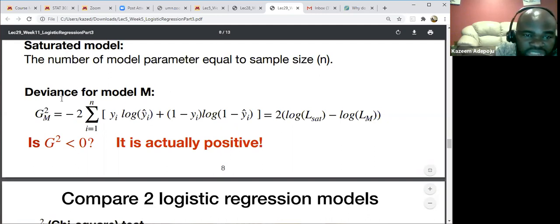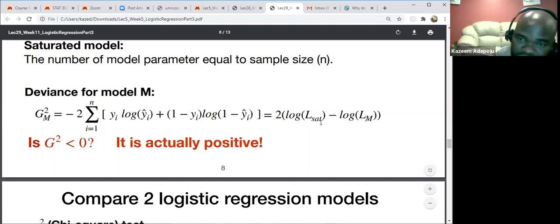So this is the deviance for model M. This formula is just going to tell you the log of the saturated model minus the log of the model.